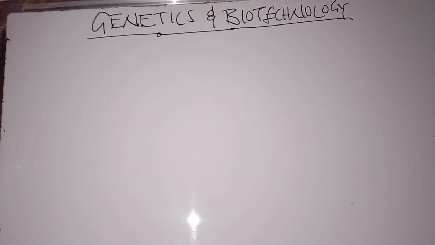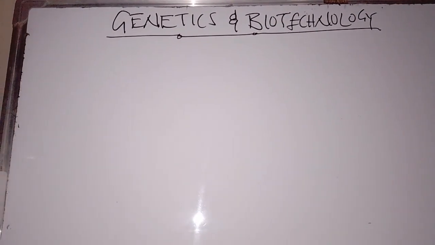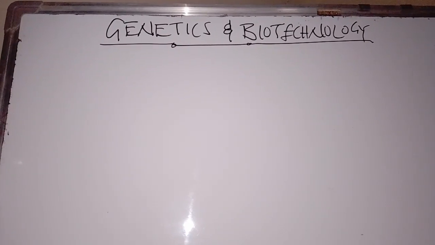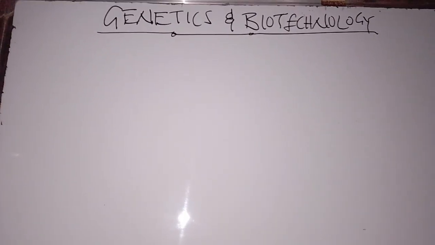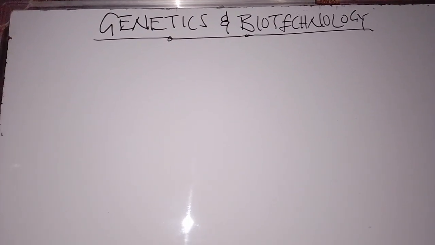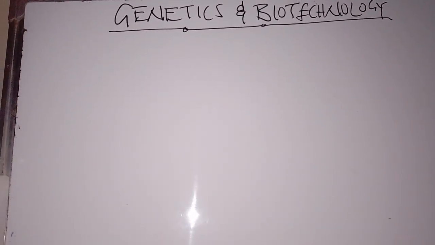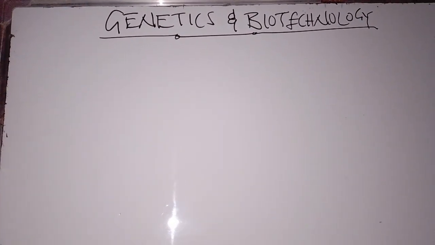So here we are going to elaborate on genetics and biotechnology and the points that you need to know, the areas that you have to focus on. These are some of the points that you need to know.